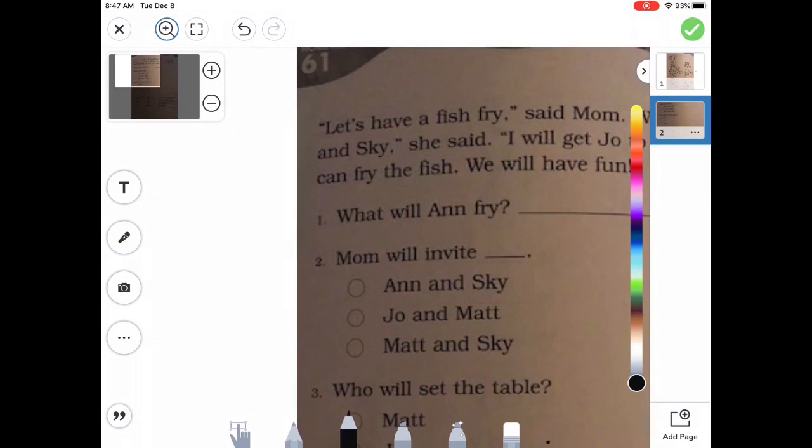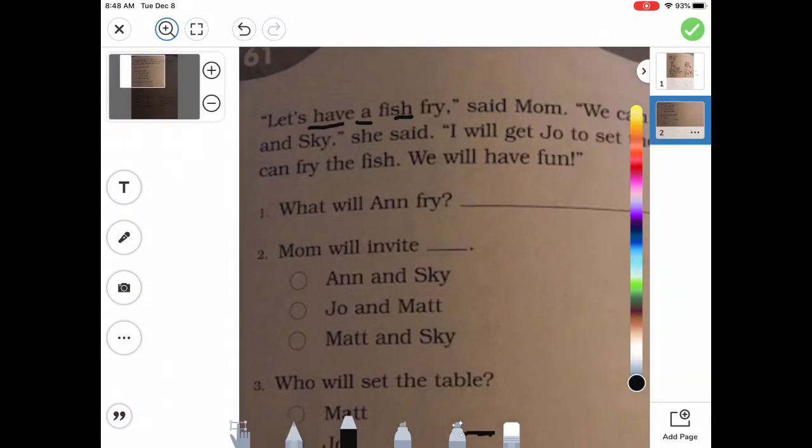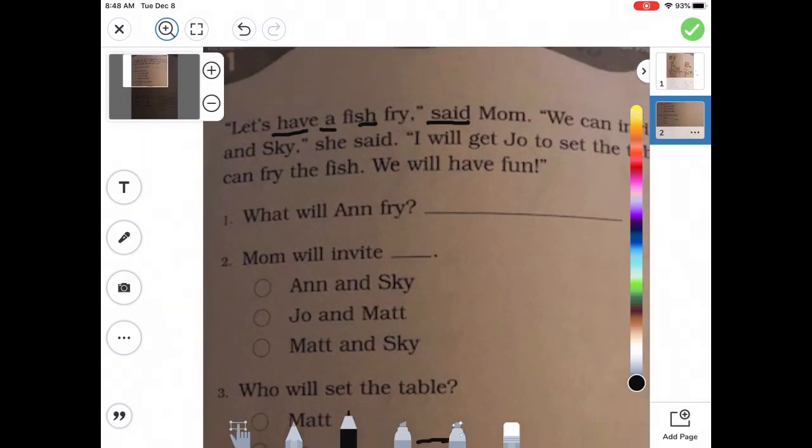I see let's, another sight word, have a, then I have fish, very good, then fry. So let's have a fish fry, another sight word, said mom.